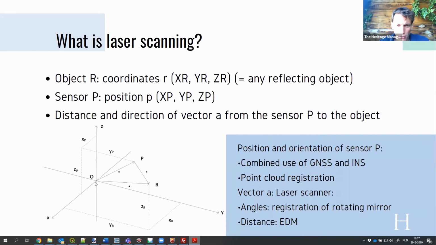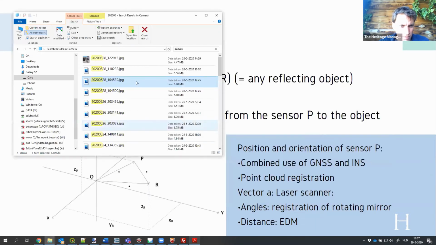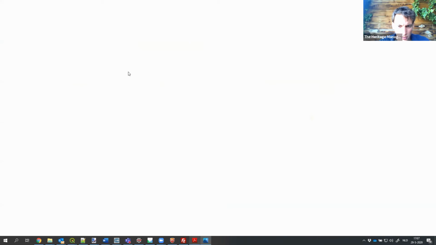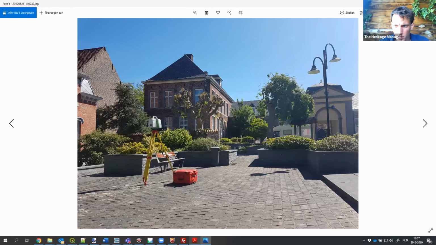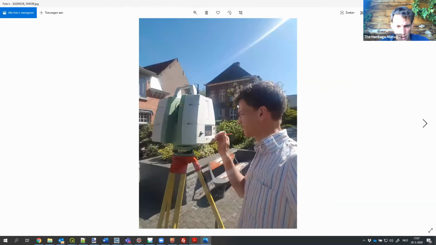So if I go back to my laser scanner that I used yesterday, this one. This is my scanner. And in most cases, if you use a scanner like this, it initiates itself by saying, okay, I have here a vertical axis.